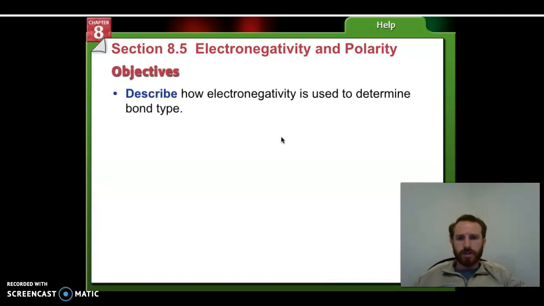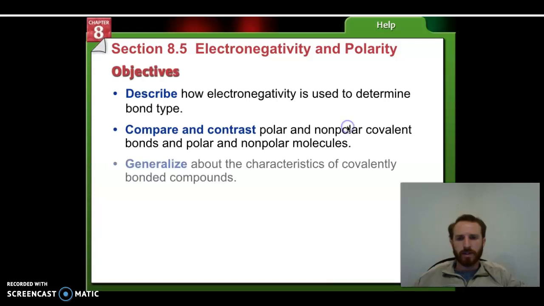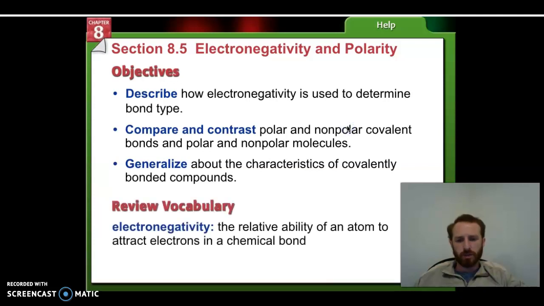So real quickly, just to go over that, we can actually use electronegativity values to determine bond type. So we're going to look at polar and nonpolar, because I think it's important to continue with that from the last section. And we're going to talk about the characteristics of covalently bonded compounds overall. If you remember, electronegativity from periodic trends is a trend of the periodic table where atoms have the ability to take electrons from something, okay?